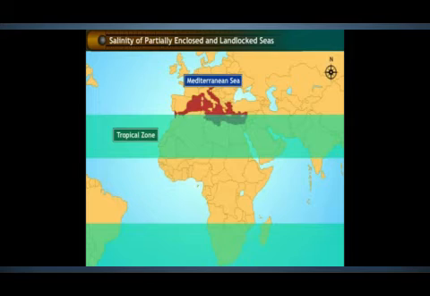For example, the average salinity of the Mediterranean Sea is 39 parts per thousand, while the salinity of the most saline ocean, that is the Atlantic Ocean, is 35 parts per thousand. So students, I hope you have understood the concept.